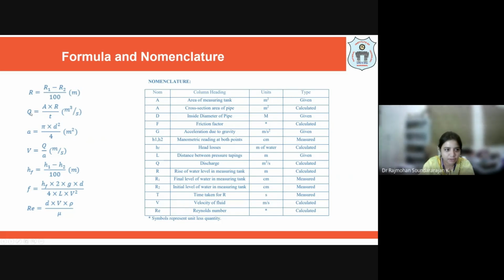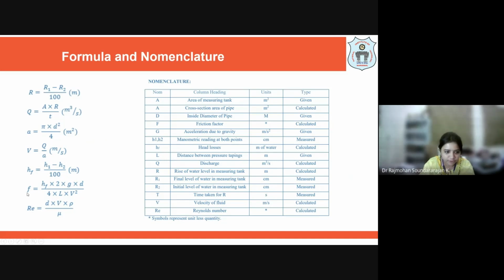Q is the volumetric flow rate, which equals the area into R divided by time. Then the cross section area of the pipe equals pi into d square by 4. The velocity is given by the volumetric flow rate divided by the cross-sectional area of the pipe. HF is equal to H1 minus H2 by 100.